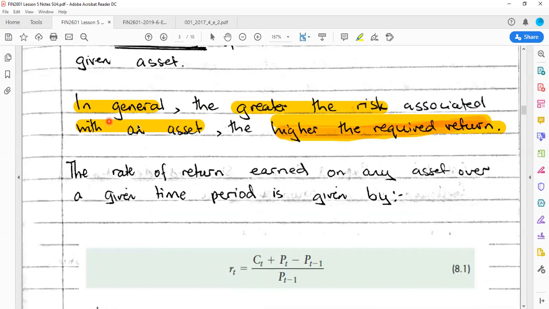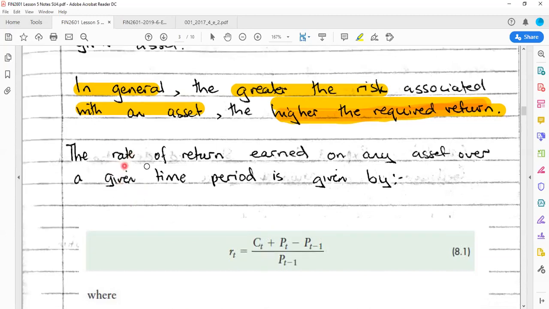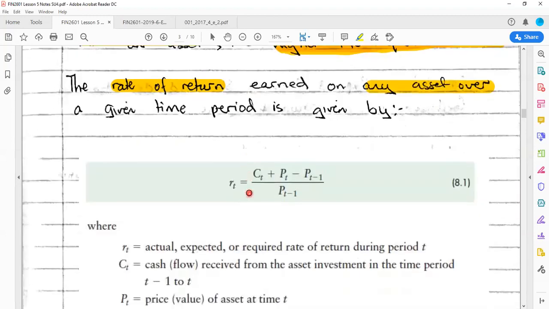So this is also, I've seen it before asked in exams. Sometimes you might be asked to obtain the rate of return earned on any asset over a given time period.